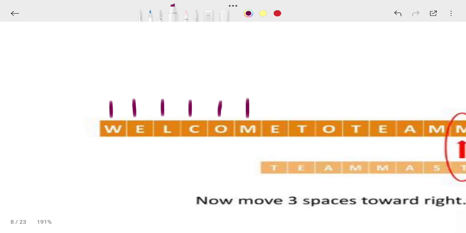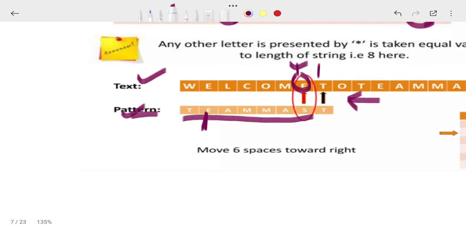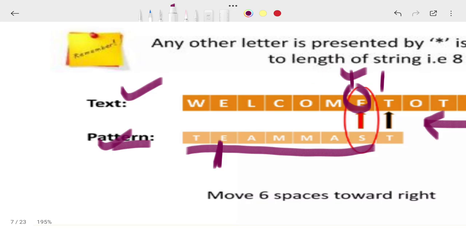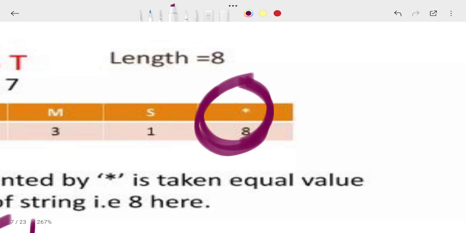If E is not there, I will shift my pattern according to the length of my string.